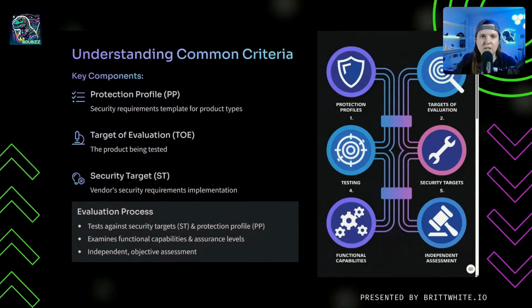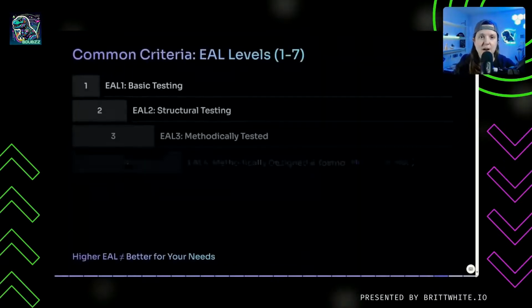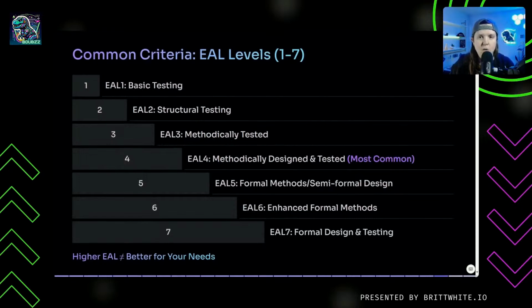It's also important to note that this evaluation process is expensive and time-consuming. This helps explain why not all products are evaluated, and why vendors often choose to evaluate only their flagship products or those specifically targeted at security-focused markets. After the evaluation, the product is assigned an Evaluation Assurance Level, or EAL, ranging from 1 to 7.